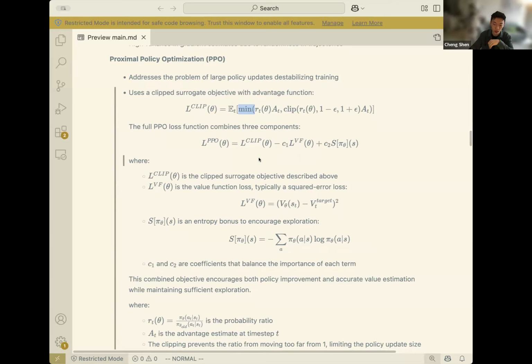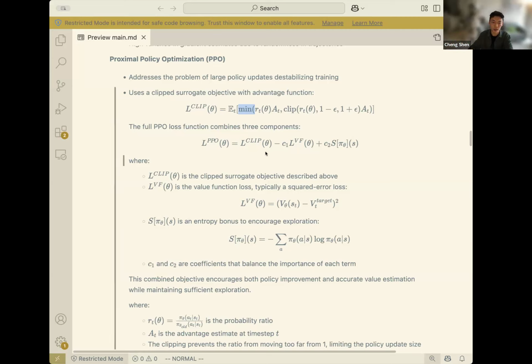Imagine in Go, the whole game might have hundreds or thousands of moves, but only at the end will we know whether the game is a win or a loss. So in the training process, the reward we get can be really unstable. For large language model generation, this is even worse because the search space is much larger and the sequence can go really long, like in a question answering or coding question.